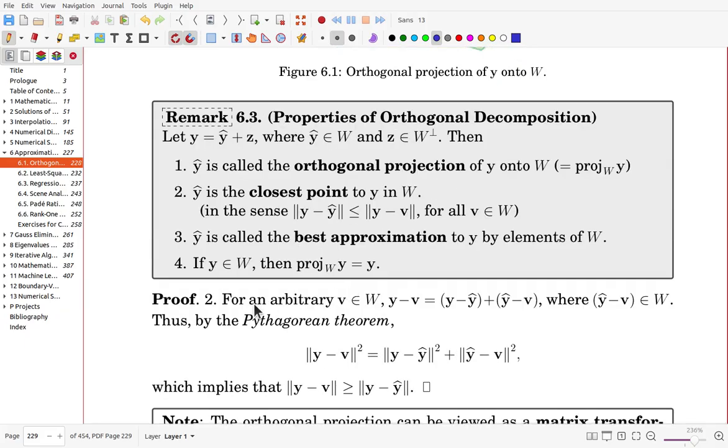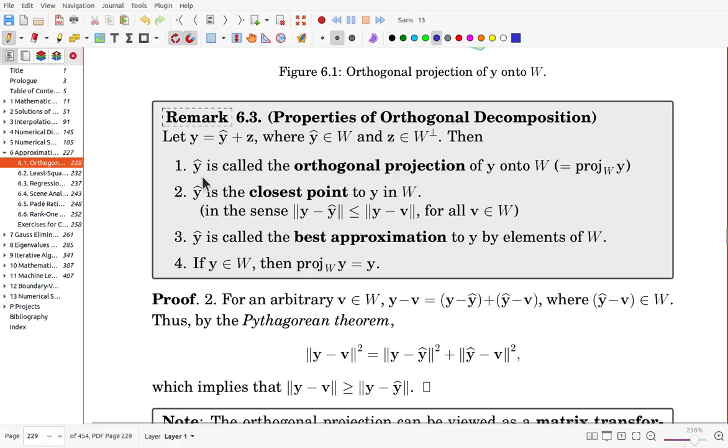Let's see properties of orthogonal decomposition. y is y hat plus z. Now y hat is in W, a subspace, and z is in W perp.